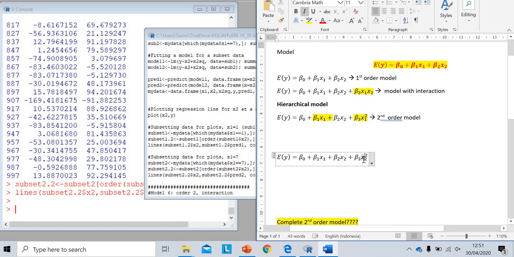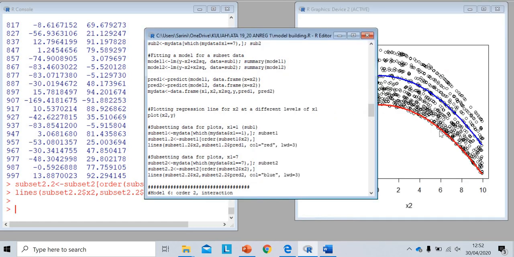There is no interaction between x1 and x2. So you can say that this is a second order model, no interaction.